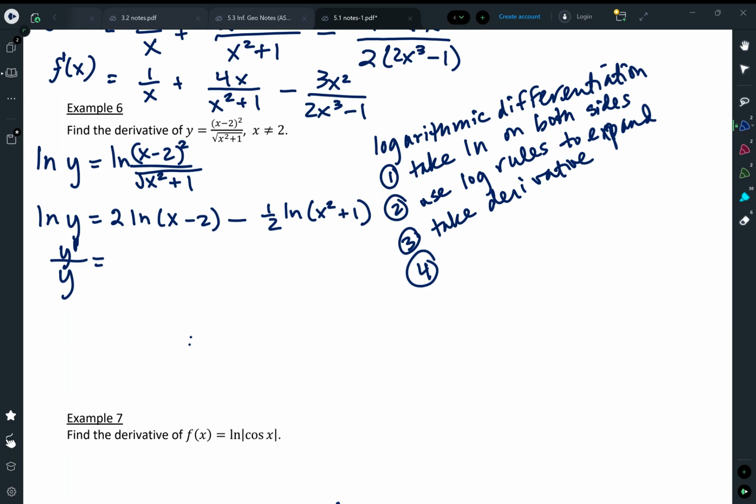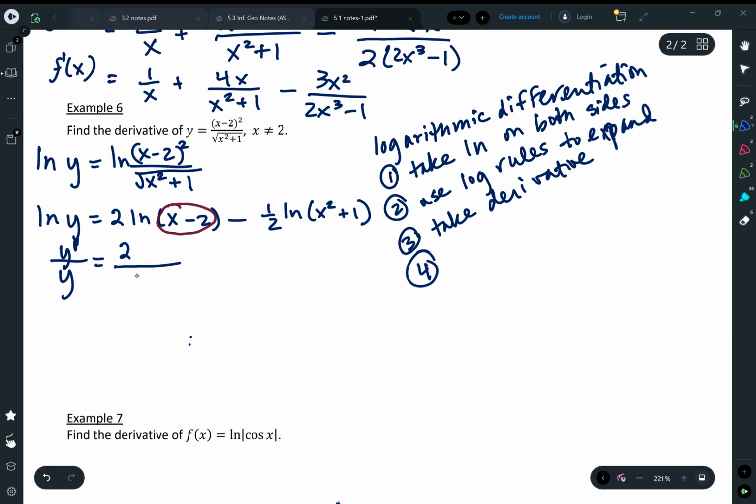And then on the right hand side, I want to go through and take all those derivatives as well. So this one, I've got the 2 that I need to keep there. It's just a constant. So when I have this natural log of x minus 2, it's going to be like 1 over x minus 2 times the derivative of x minus 2, or I could just write the x minus 2 in the denominator. The derivative of x minus 2 is just a 1, so I'm going to write times a 1.